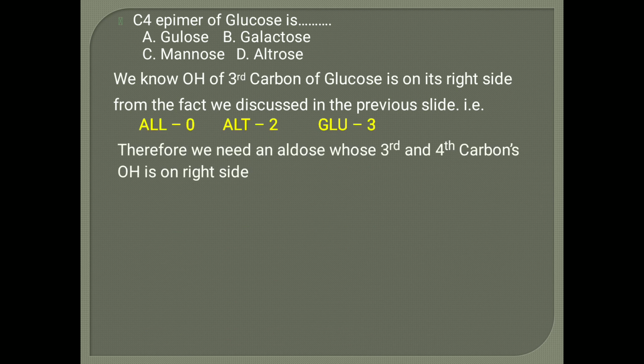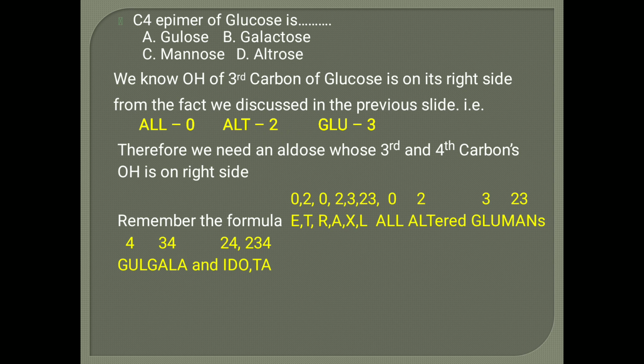Glucose we know is there in the 3 from the term all altered glumans gulgala. Now what is coming after? Let us completely see the keyword. Remember the keyword ET Raxel all altered. So E0 T2, just like that. Let us start from the hexose sugar itself. All 0, altered 2, glu 3, mannose 2 3, then gul 4, that means gulose 4, and gala 3 4.